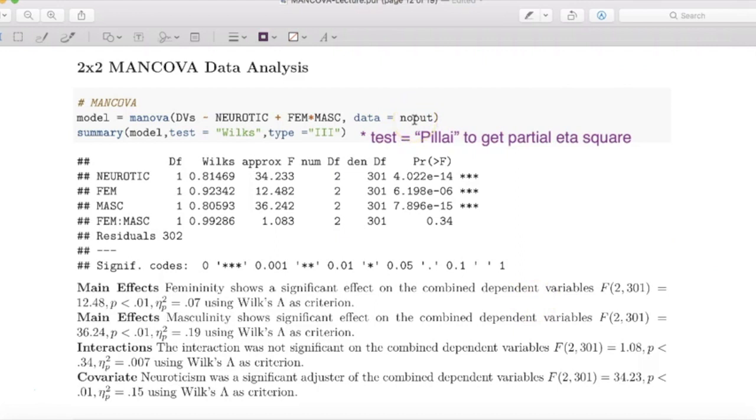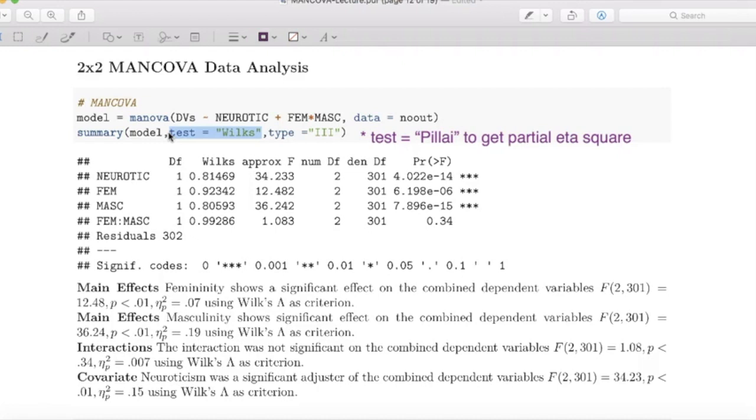So I went ahead and only asked for Wilks. Your textbook and pretty much everyone tells you that you could just look at Wilks. It really depends on how you want to report it. Remember, as long as they all have the same outcome, you should be okay.